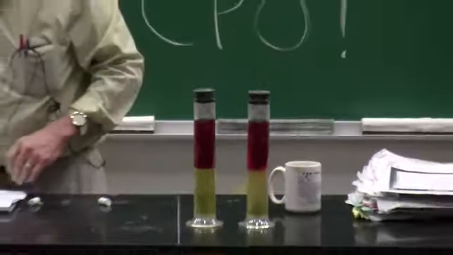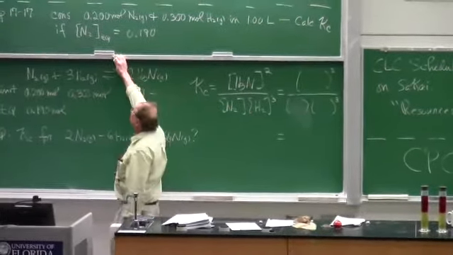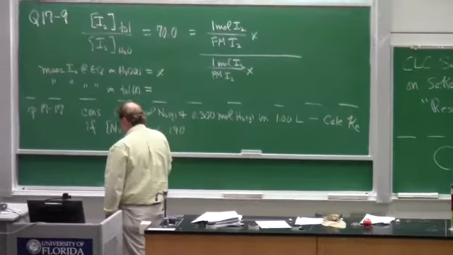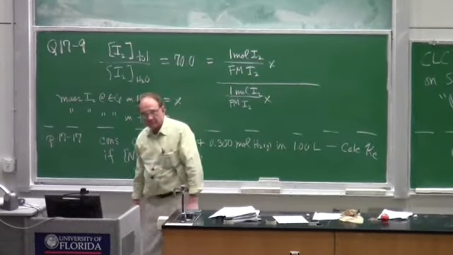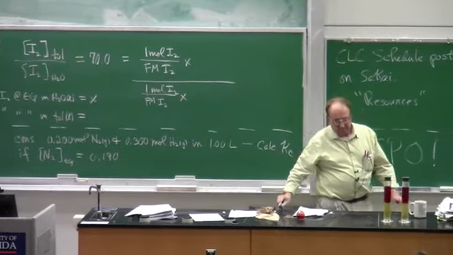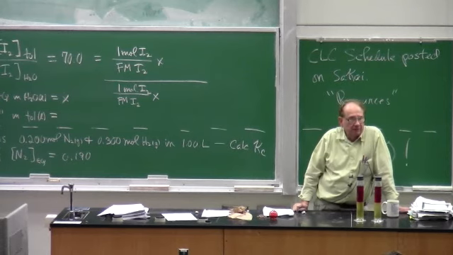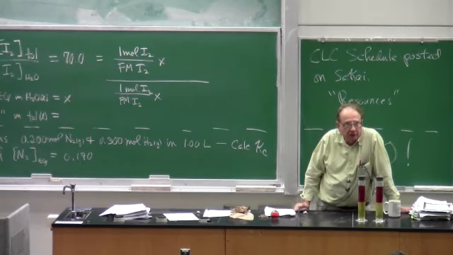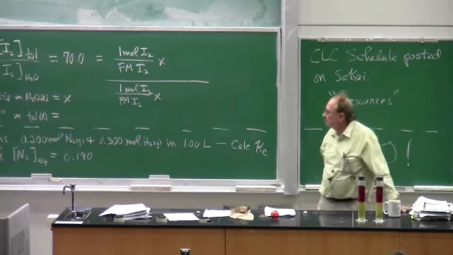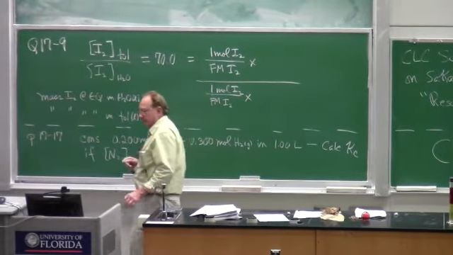So let's tackle a consideration with respect to this system. Quantitative investigations of the solubility of I2 distributed between toluene and water give a value of about 70.0.